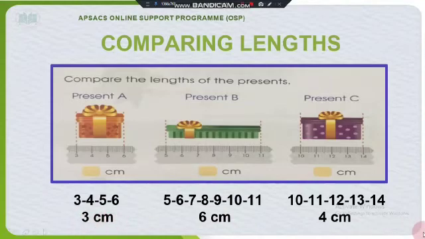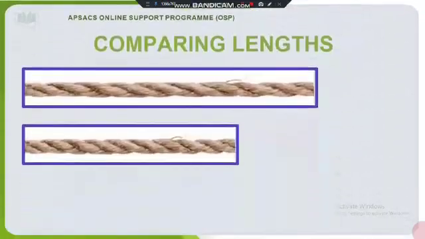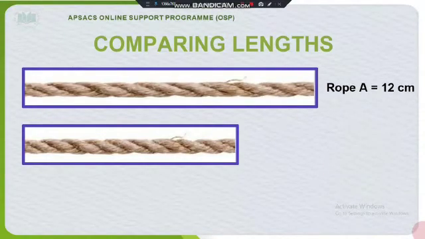I hope everyone has understood how to compare lengths. Now, how to find out the difference? When we compare lengths, we find the difference, and difference means to minus, to subtract. Over here we have rope A that is 12 centimeter long and rope B that is 8 centimeter long.